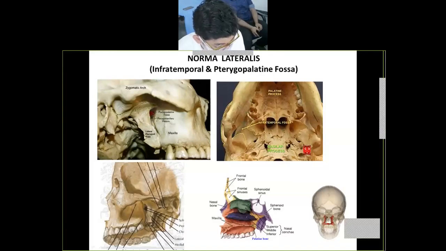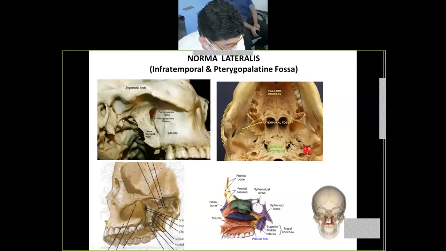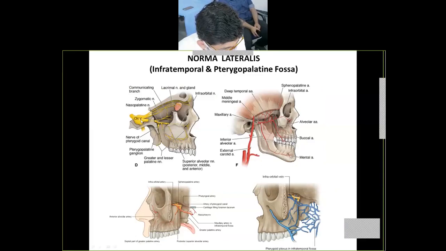Okay, so somewhere here is the foramen ovale, the mandibular nerve will come. Now the maxillary nerve is going forward, near the pterygopalatine fossa. So one of the contents of the infratemporal fossa is the mandibular nerve, which is moving in from the foramen ovale.